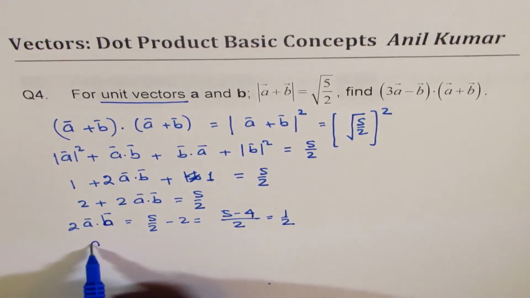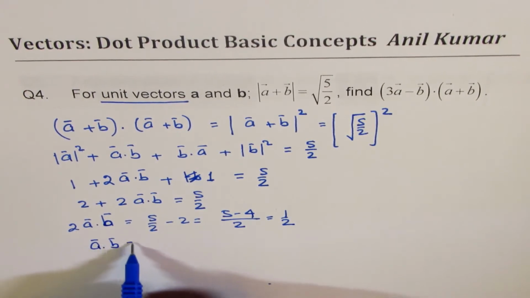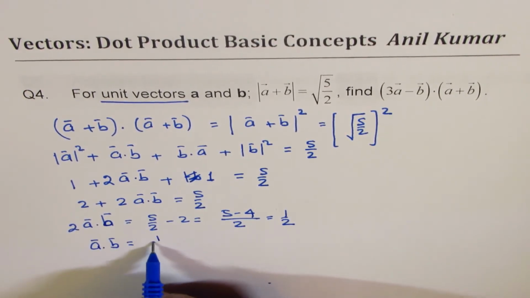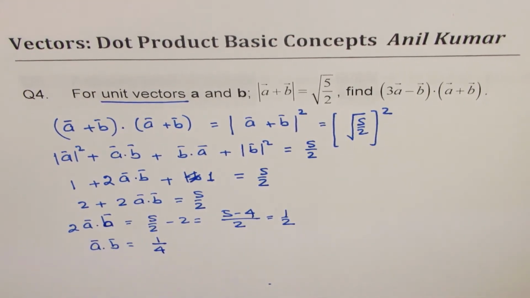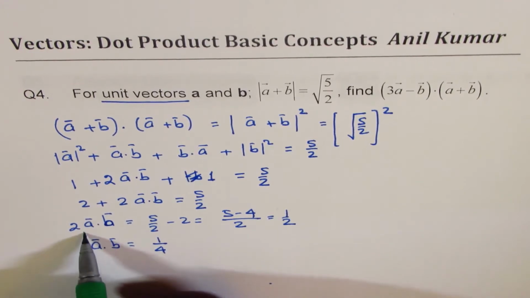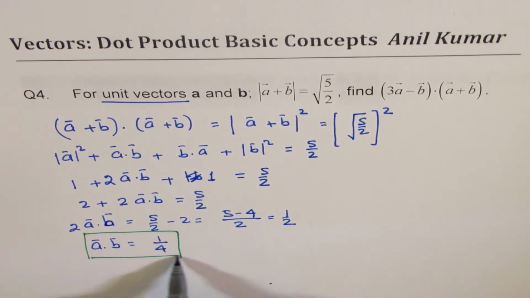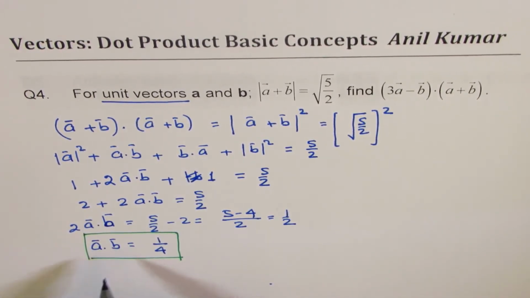So from here, we get A dot B as equal to 1 over 4, right, dividing by 2. So let me highlight this. So using this property of dot product, we found what A dot B is.